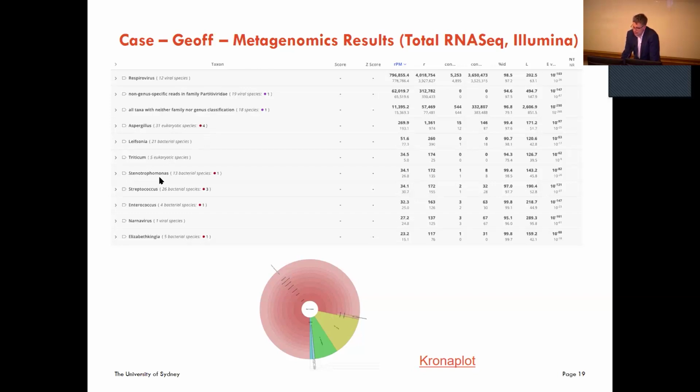Moving down, he'd only had a Stenotrophomonas bloodstream infection a couple of weeks before and was still recovering from that, and we found Stenotrophomonas DNA and RNA in quite a lot of abundance. We also found his Enterococcus and the Elizabeth King ear was still there floating around in his lungs, even though we haven't actually seen that clinically for about 10 months.